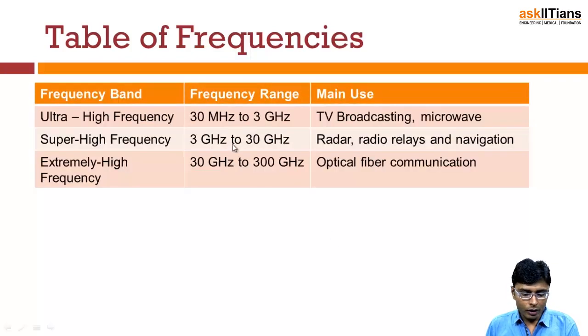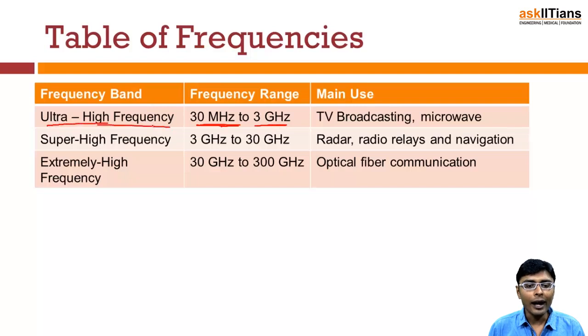Now the frequency range from 30 megahertz to 3 gigahertz is called the ultra high frequency band, that is UHF, and this is used mainly for TV broadcasting and microwave applications.